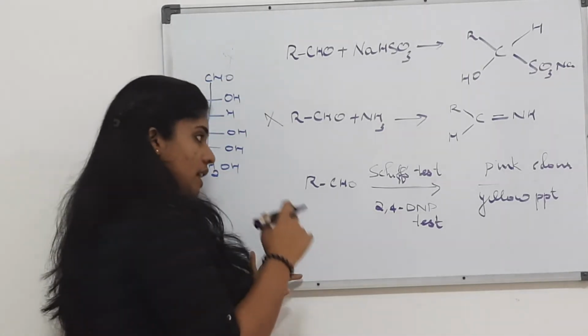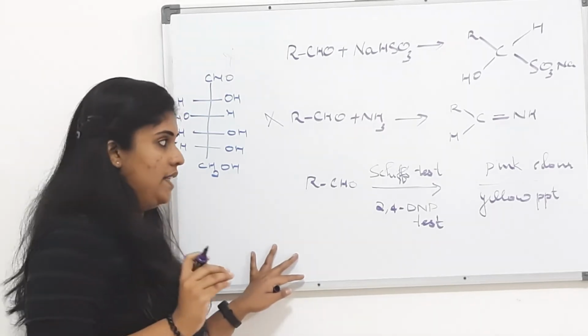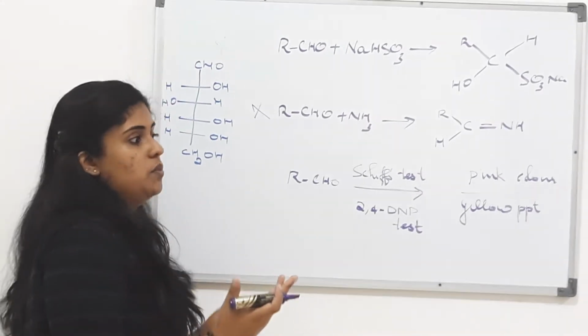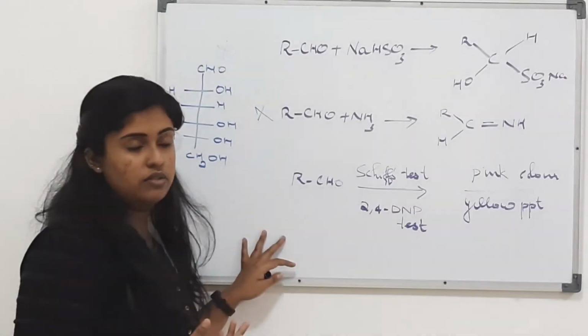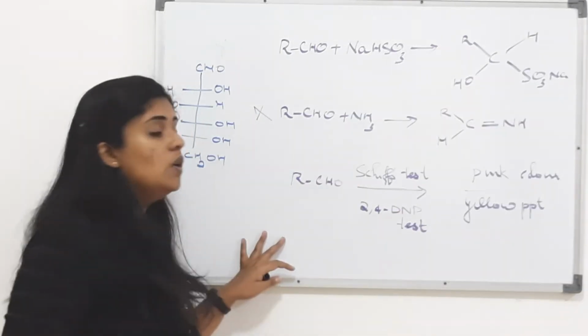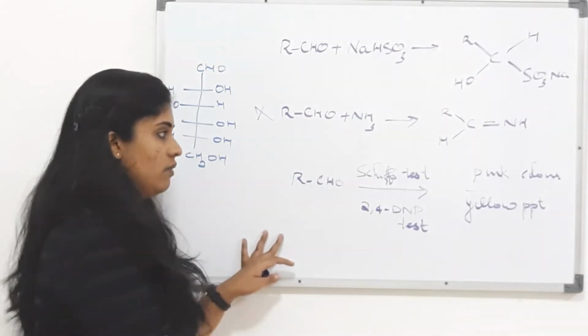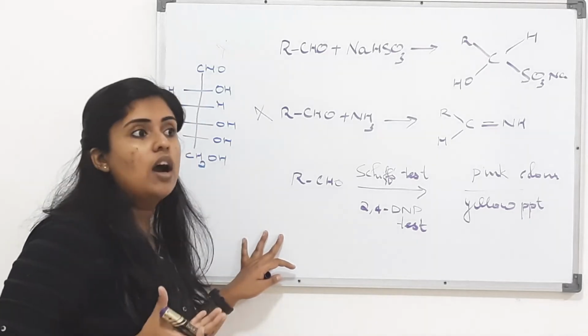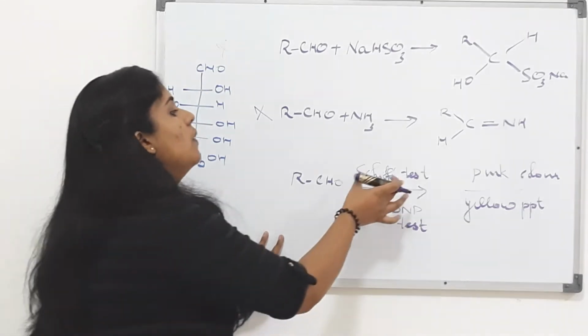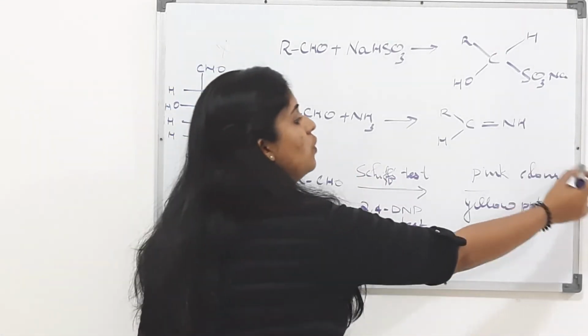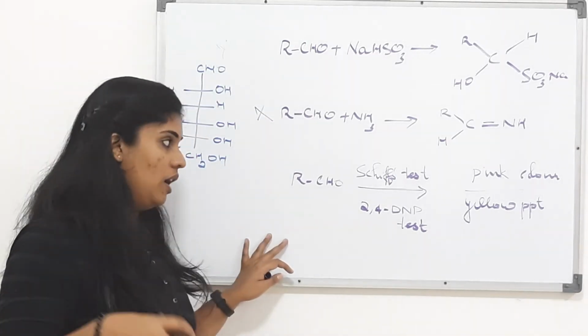Another reaction shown by aldehydes: in laboratories, for the organic analysis of functional groups, we do the Schiff's test and the 2,4-DNP test. When we treat an aldehyde or a carbonyl compound with Schiff's reagent, a pink color is formed, which indicates the presence of the carbonyl group.